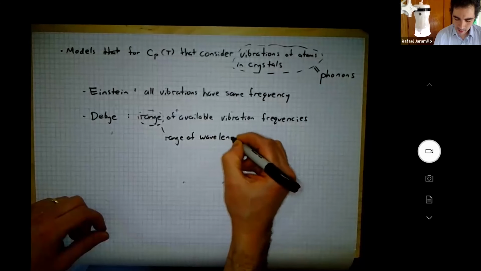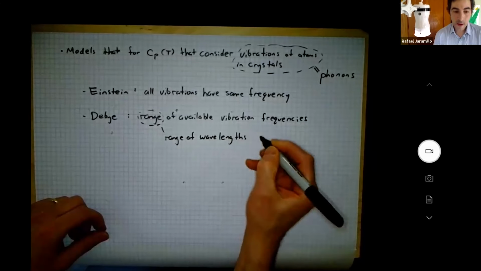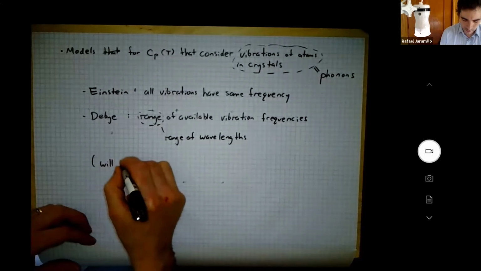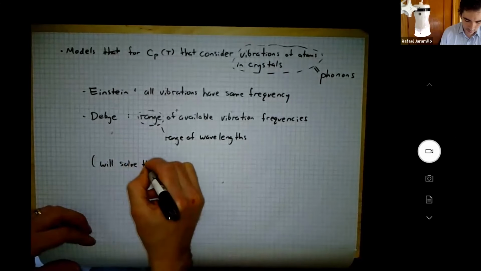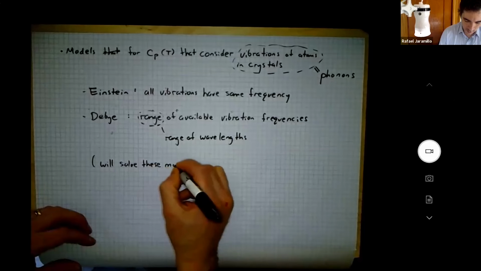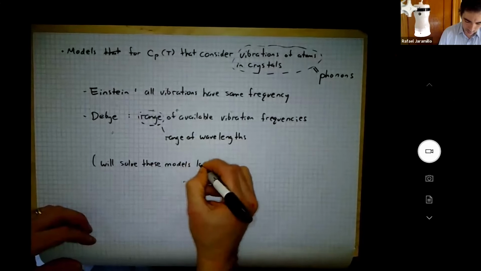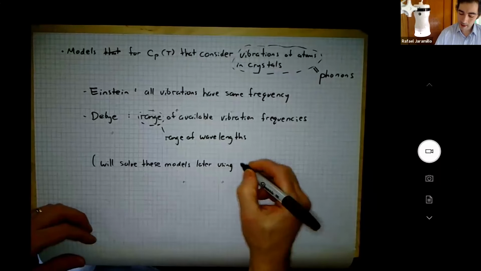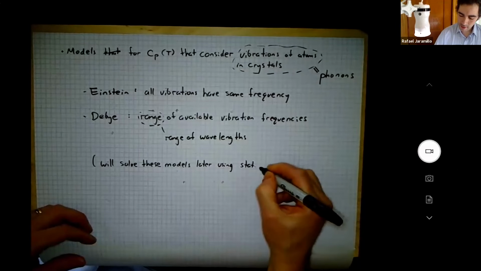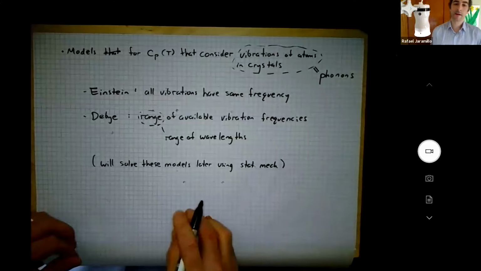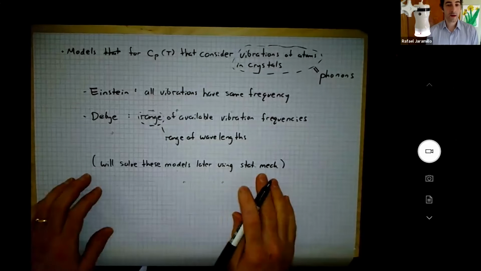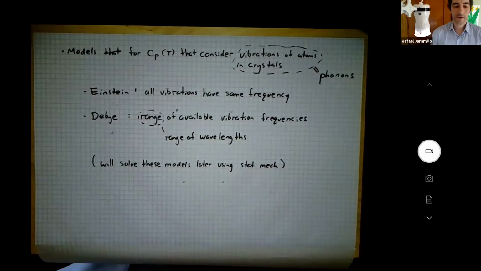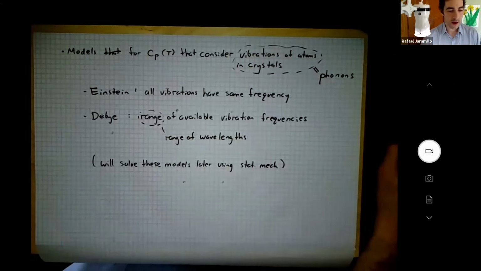That goes beyond our class, but I wanted to mention this. We will solve these models later using StatMech. So later in the class, when we come around to statistical mechanics, we're going to solve for the heat capacity of solids using these models. So that's kind of neat, but we're not ready for that yet. So let's look at some slides. Let's look at some data.